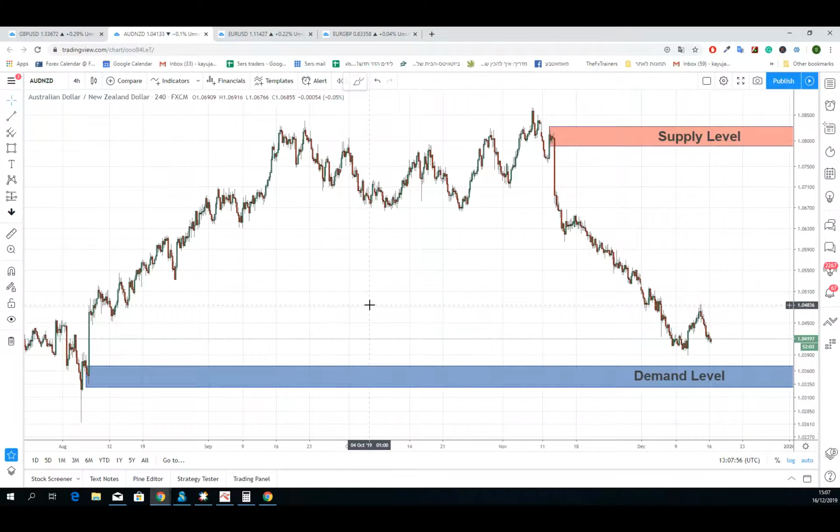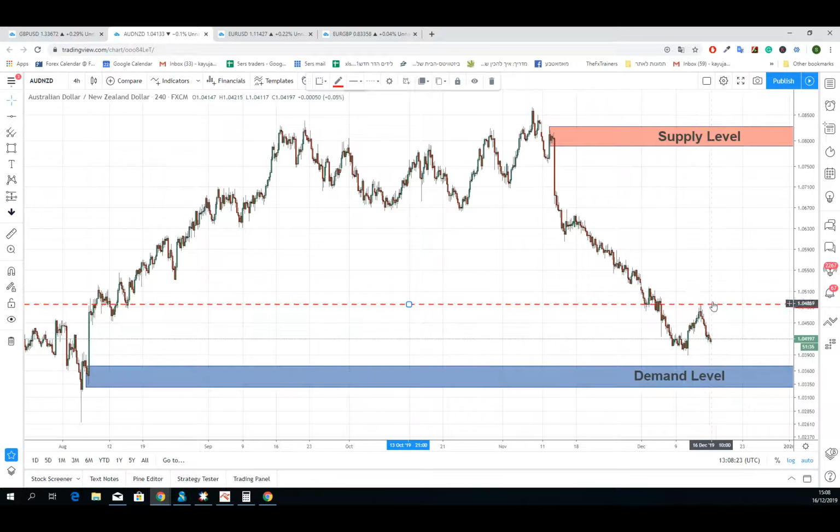There is another scenario in this pair. I'll put a line here because it is the last resistance, the last high that the price created. The third scenario is that if the price breaks out this last resistance before it reaches the demand below, it will indicate that most likely the price is on its way to reach the supply above.